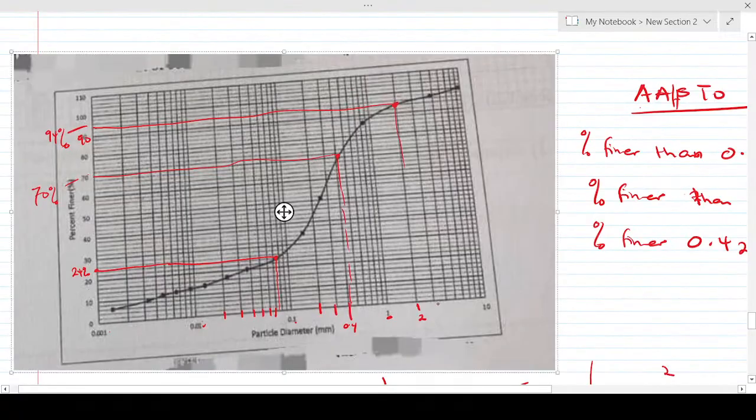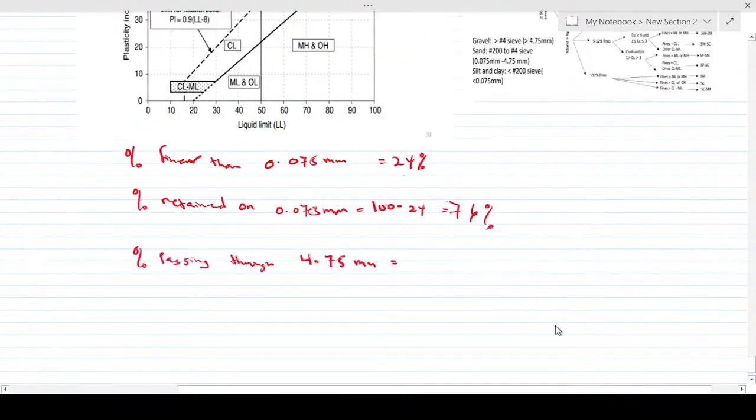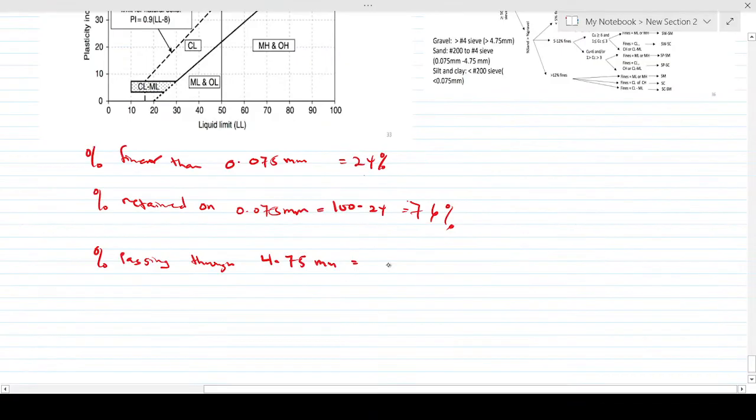This is 2, this 3, this 4, so 4.75 will be somewhere in this box. I think this is where 4.75 plots. Then you trace it across to this side and read off the value. The 4.75 gives us approximately 98%.